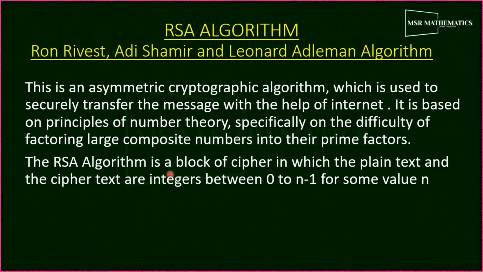The RSA algorithm is a block cipher in which the plain text and the cipher text are integers between 0 and n-1 for some value of n. The RSA algorithm converts the plain text into cipher text.